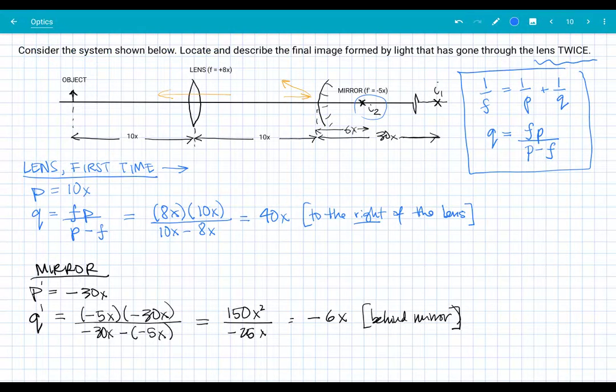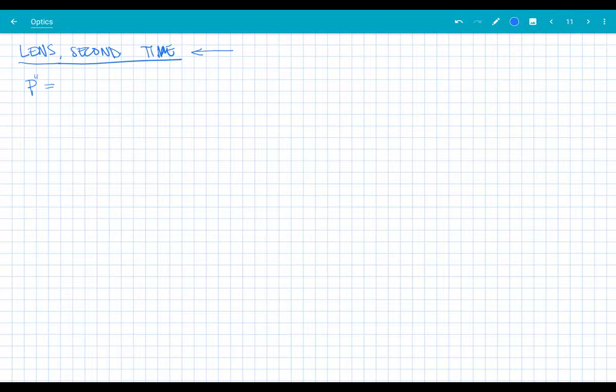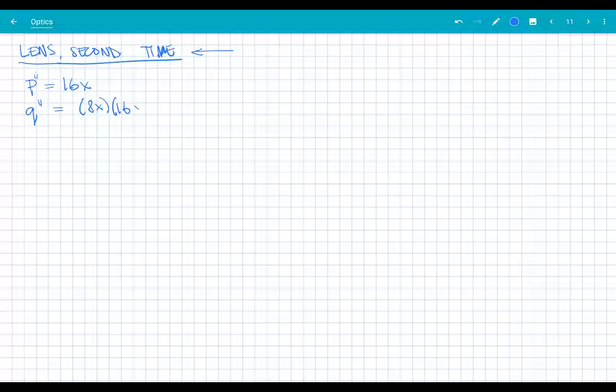Let's go back to our diagram. What's our object distance? Well, it's 10x plus 6x, which makes 16x, and it is on the side of the incoming light, so it will be positive. That object distance will be a positive 16x. Now I can solve for my image distance. That will be my 8x, my focal length, times 16x, over 16x minus 8x.